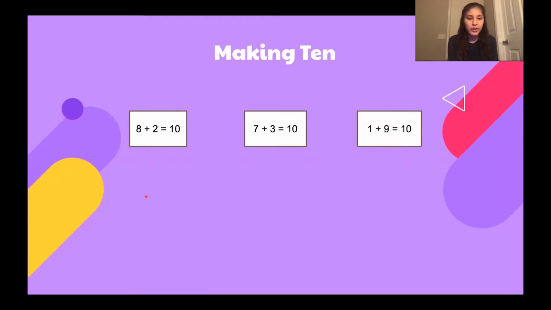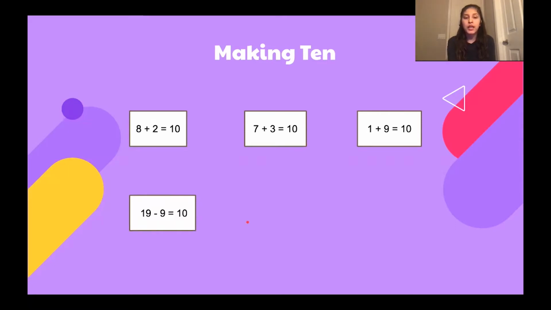Okay, now let's go on. The first subtraction one was 19 minus blank equals 10. So 19 minus 9 makes 10. If you subtract 9 from 19, you get 10. Next one was 18 minus blank equals 10.